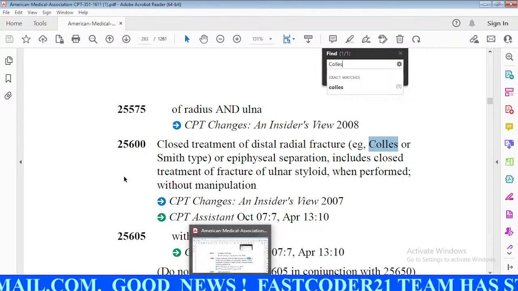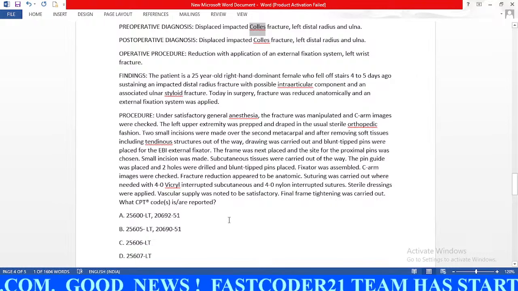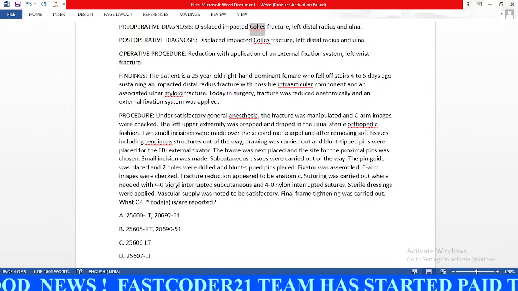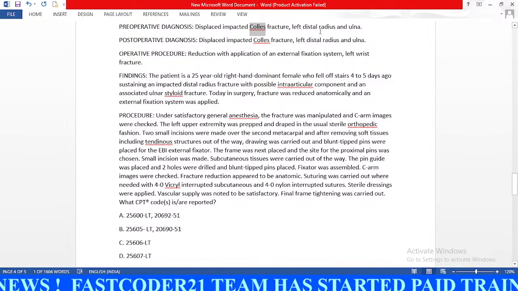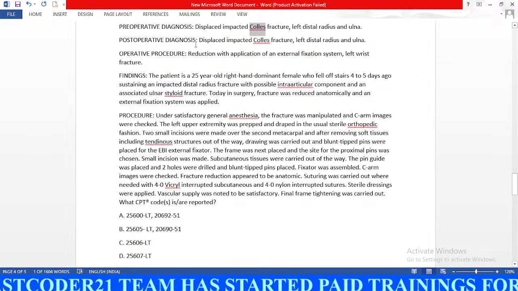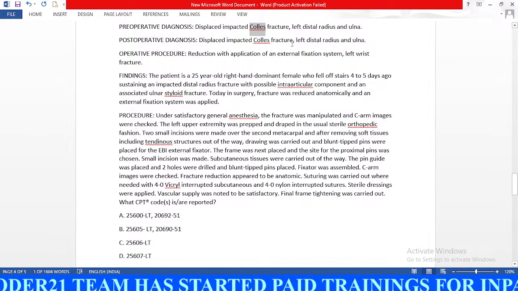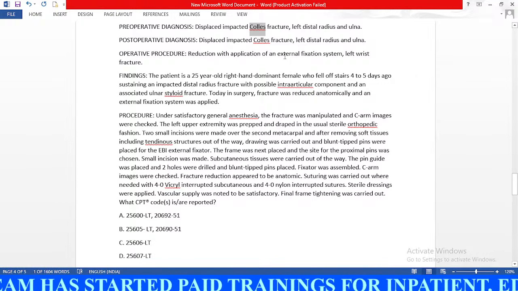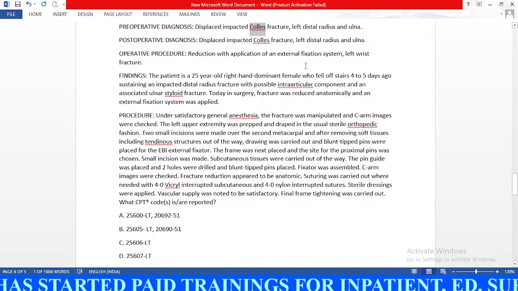So what happened here in our question? Left distal radius and ulna. So post-op also same, displaced impacted Colles fracture, left distal radius and ulna. So reduction with application of external fixation system, left wrist fracture.